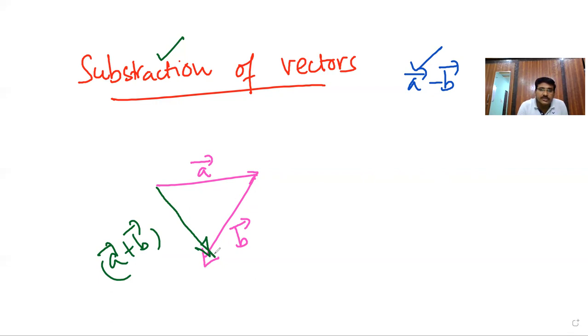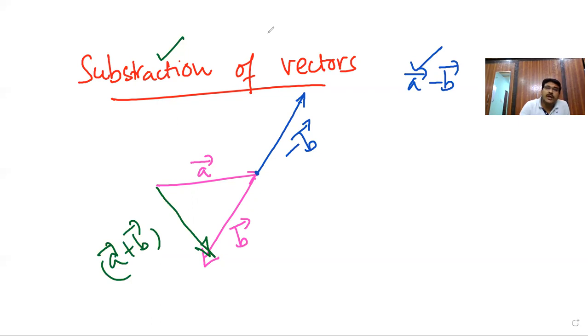This is the positive direction. Now if I reverse the direction from here to here, this is minus B bar. Magnitude is the same, but I have changed the direction. When I change the direction, the magnitude remains the same, but the direction is negative.